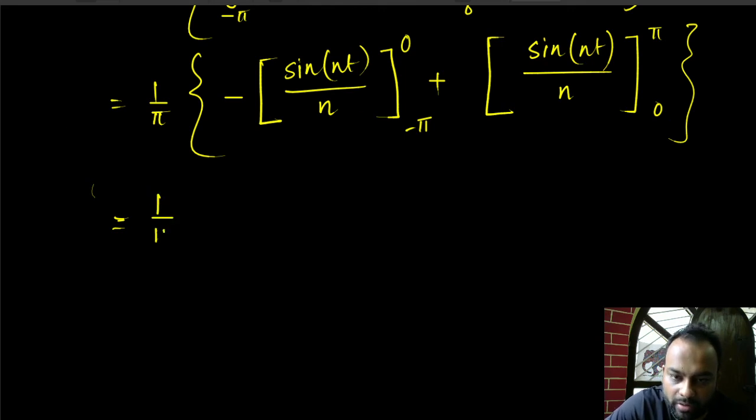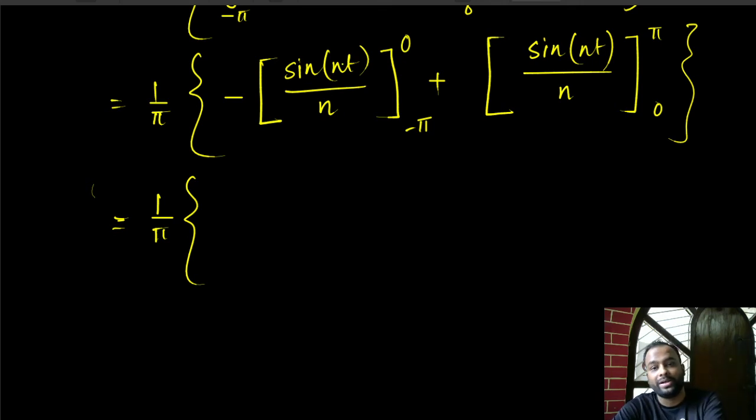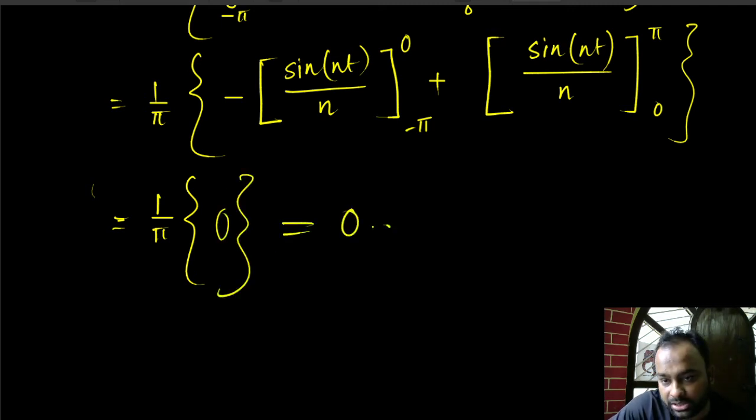When I put 0, of course sine 0 is 0, and when I put pi, we have the same thing we discussed a few moments ago: an integer multiple of pi inside a sine, and that's a 0. Similarly, the lower limit also gives a 0, and the upper limit, again an integer multiple of pi, also gives 0. So overall, this is just a 0, without any confusion. This is also 0.